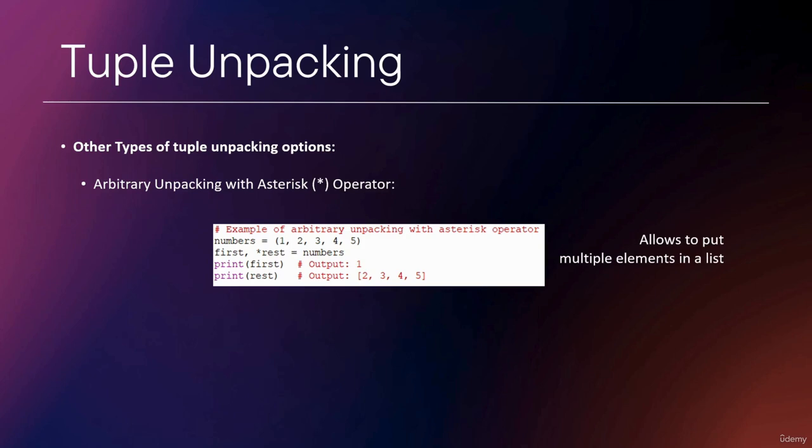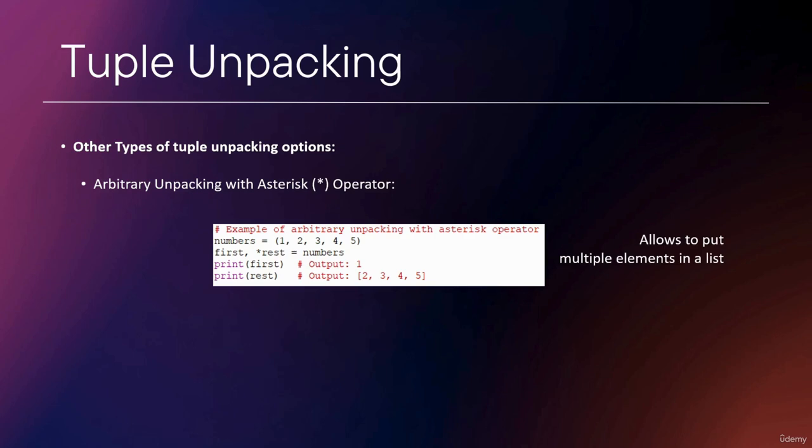What that would do is put all the remaining elements or items in the tuple into a list, and then we can use that list. This can be useful if we only want the first one and we do not want the second one, so we put them in a list. It can also be useful if you only want the first one and the rest is a list, so it depends on the use case.